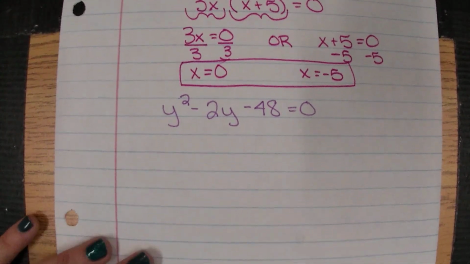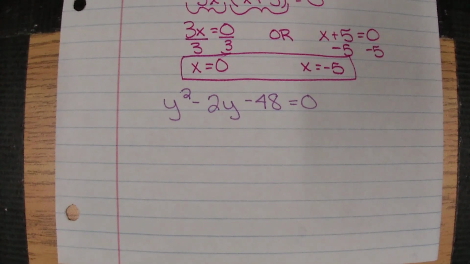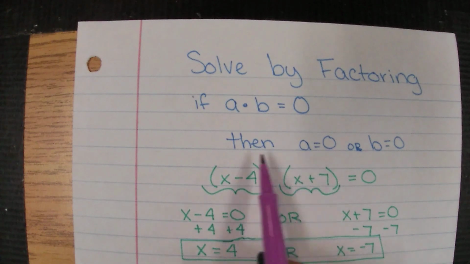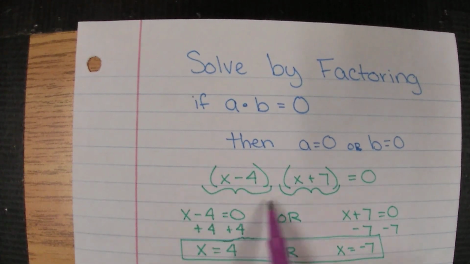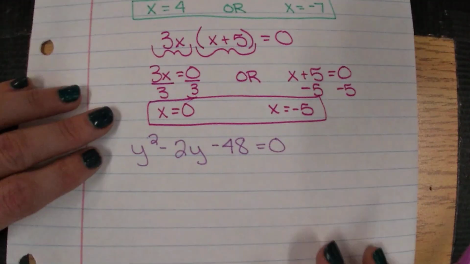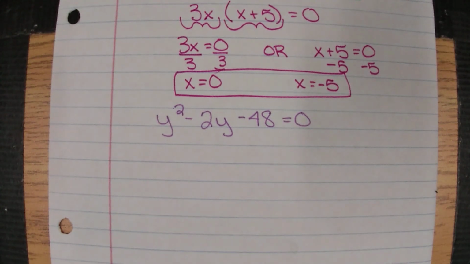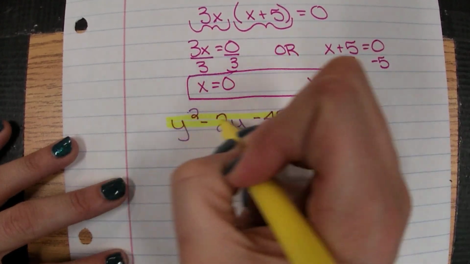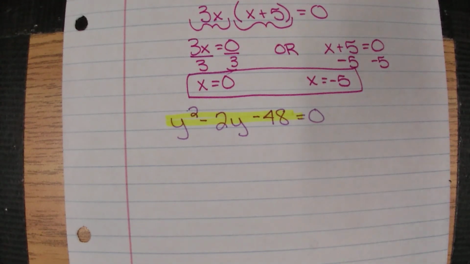However, hopefully maybe in the back of our mind, because this is called solving by factoring, we're kind of going, now, wait a minute. This is what our factors looked like, our answers looked like when we were factoring. So if we just focus on this trinomial here at the very beginning, so if we kind of forget about this equals 0 over here, let's just look at this y squared minus 2y minus 48 and see if we can write it in another way, right?